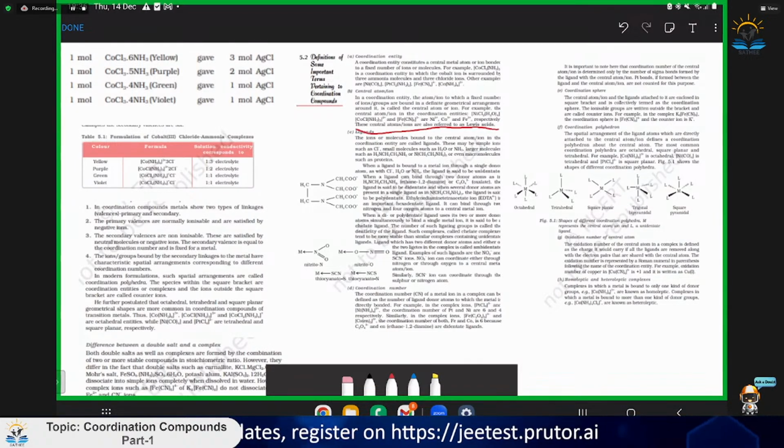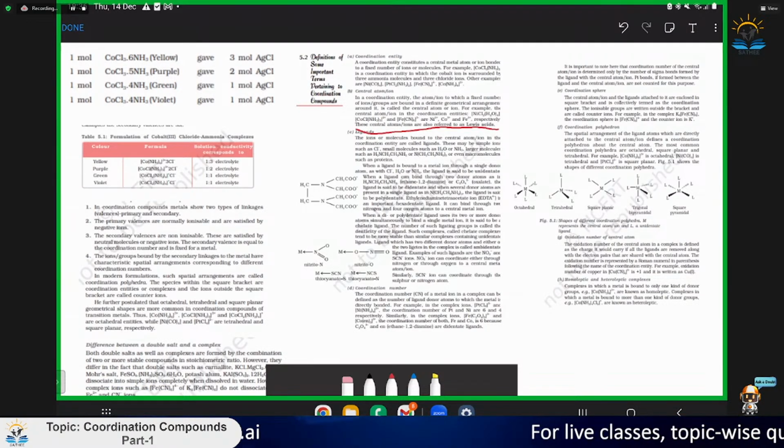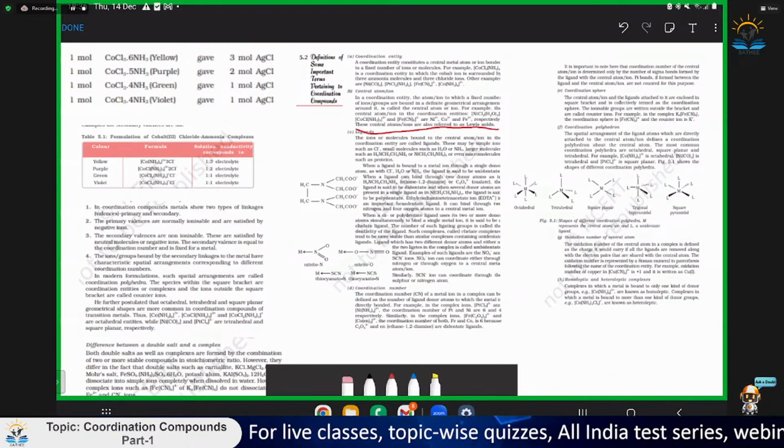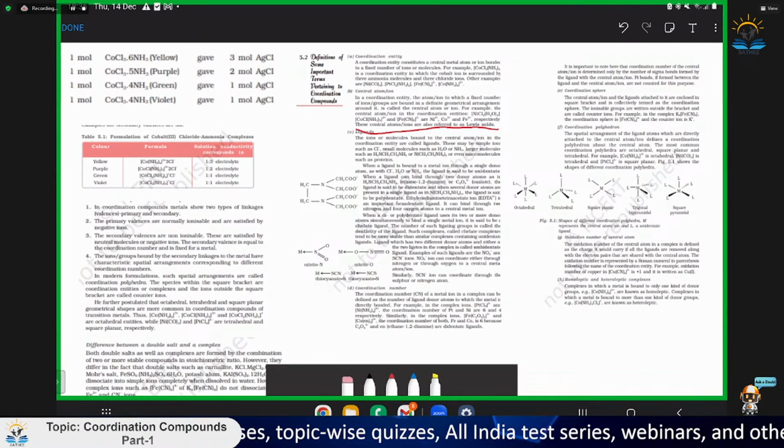Some ligands are capable of donating two lone pairs through two donor atoms. Those are bidentate ligands. Similarly you can define tridentate, tetradentate, pentadentate, hexadentate. After that, you call it polydentate.